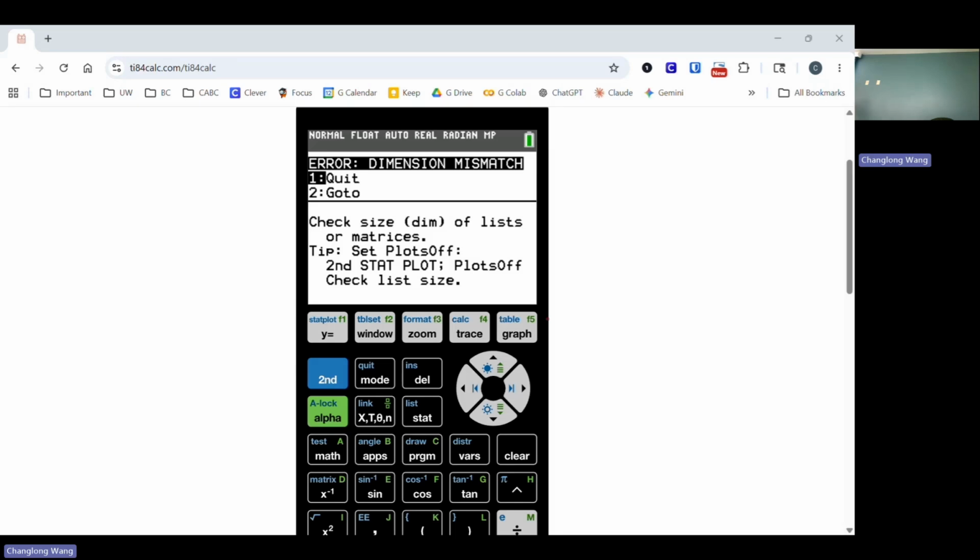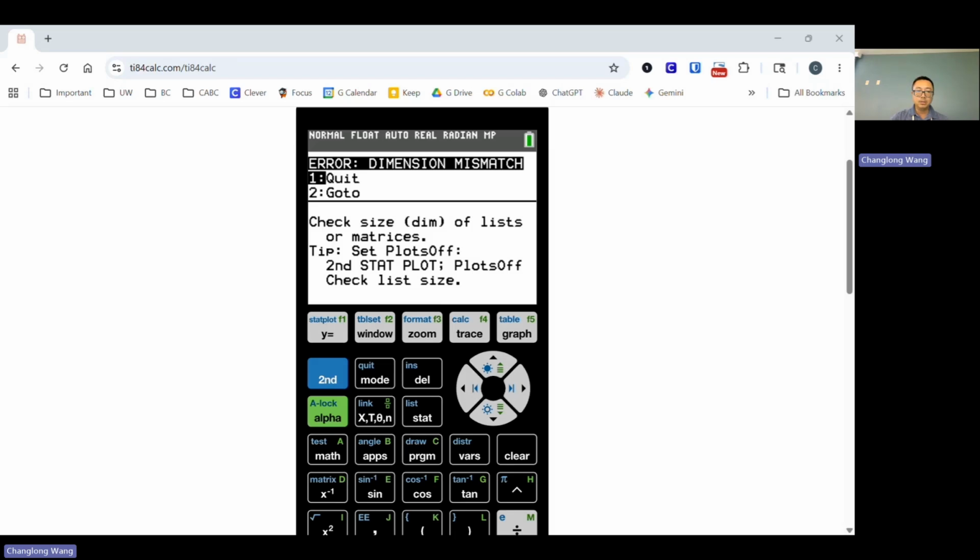Now what about B times B? B is 3 by 2. Does B multiply with itself? 3 by 2 times 3 by 2 doesn't match. So for some reason B doesn't even like itself; it doesn't even multiply with itself. That's something that's not as intuitive as numbers. So there's something wrong with it.